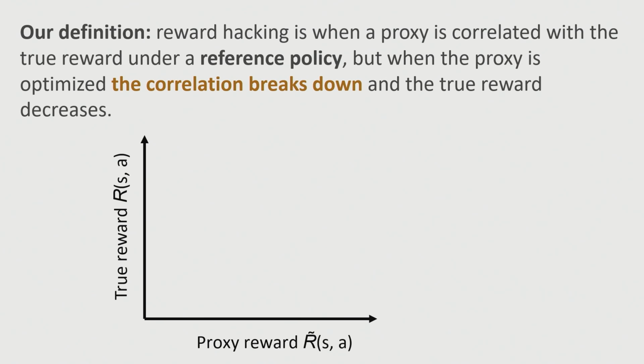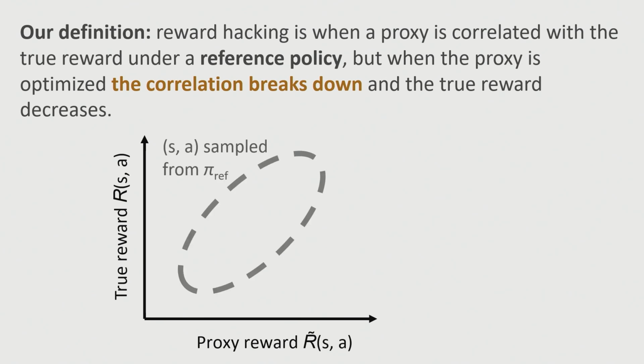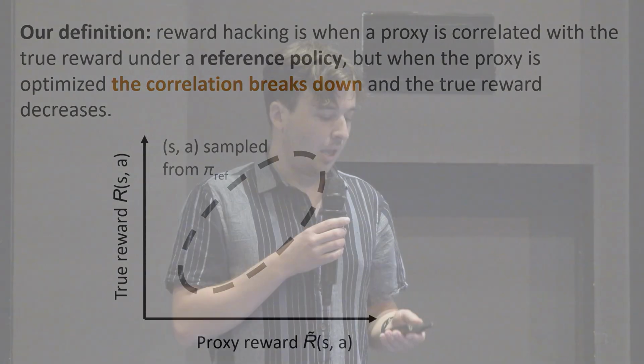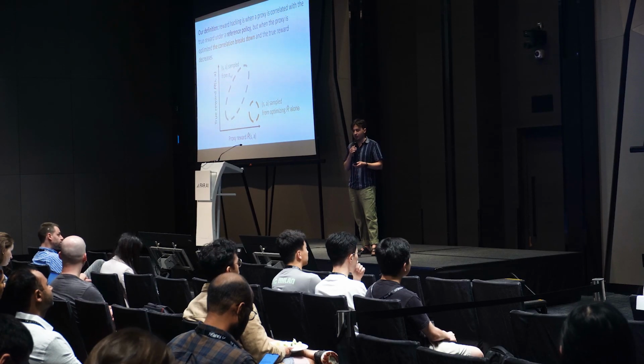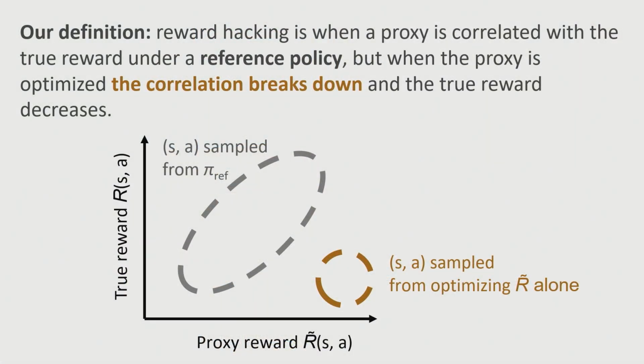And our definition says that you should be optimizing some proxy reward which is correlated with the true reward for state action pairs that you would see when running this reference policy. But when you optimize the proxy reward by itself, you actually end up with true reward which is worse than the reference policy. So effectively, you go outside of the distribution of the reference policy's state action pairs that it sees, and you end up getting worse true reward.